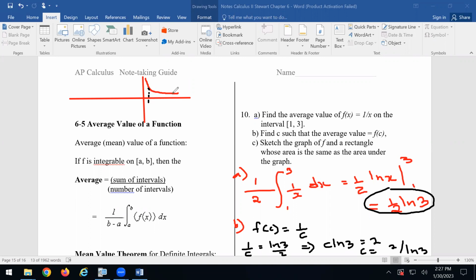All right, so we're going from 1 to 3. I still think I can do a better job drawing this diagram.